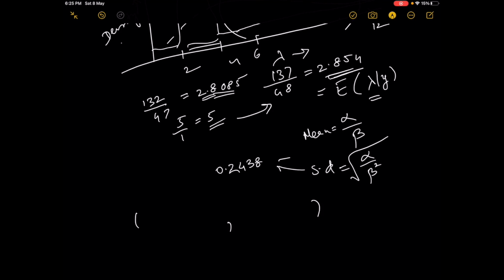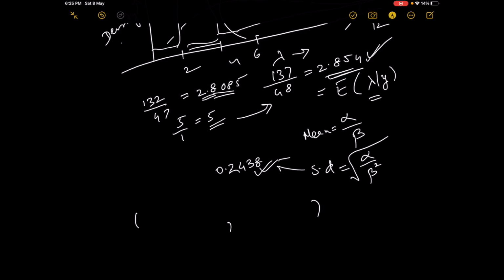Some people prefer an interval estimate. In the Bayesian case, we have credible intervals. So the 95% credible interval will be, with the formula remaining the same, mean plus minus 3 times sigma. But in this case, we use the posterior mean and posterior sigma. So this is my posterior mean and this is my posterior sigma.